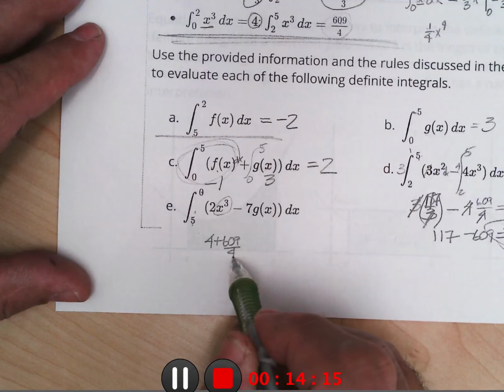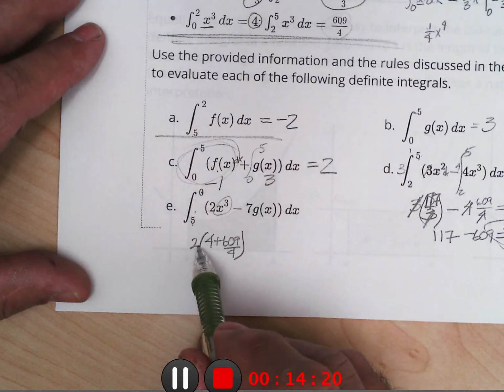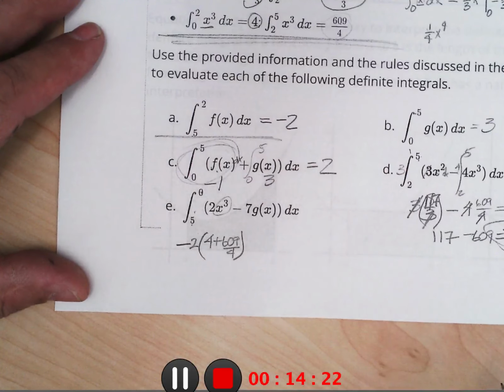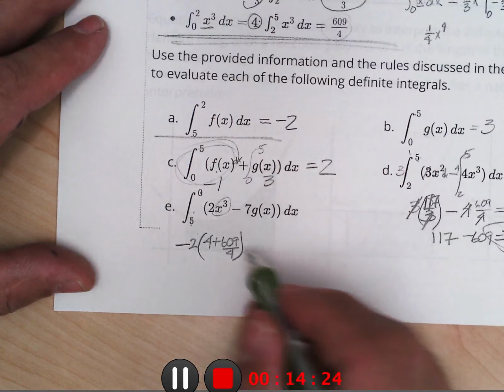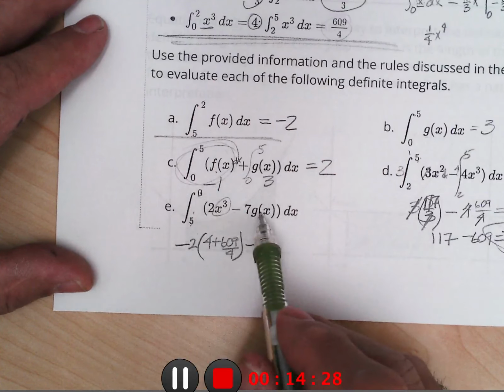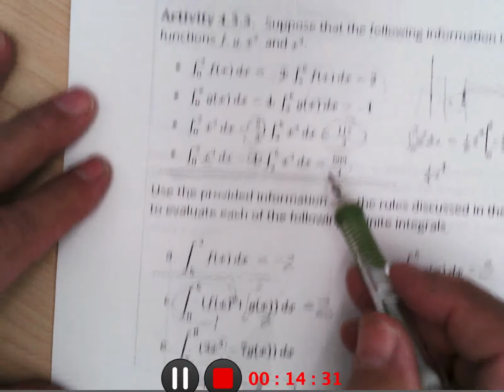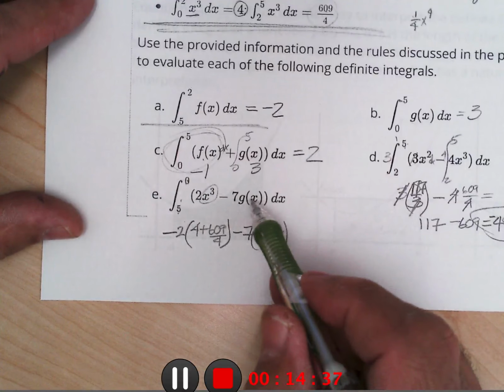But it's doubled, and it's backwards, so it's minus. And then we have -7, we can pull that out, and from 5 to 0 of g, well, 0 to 5 is 4 minus 1, 3, but it's backwards, so it's -3.